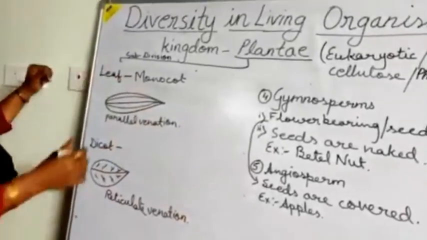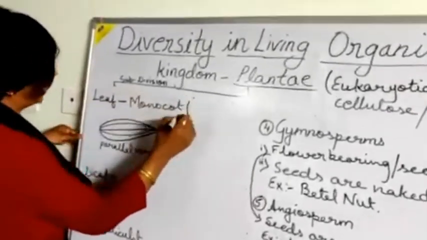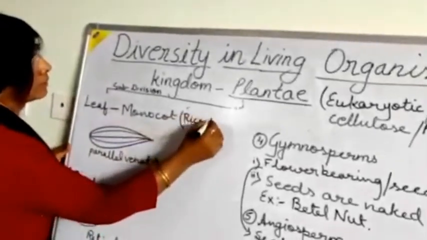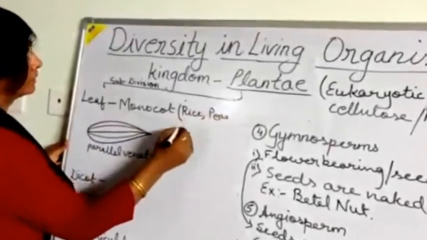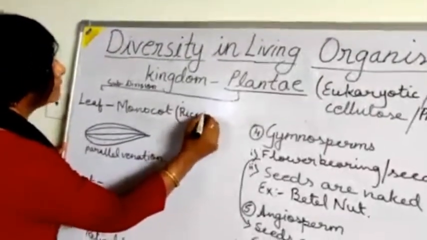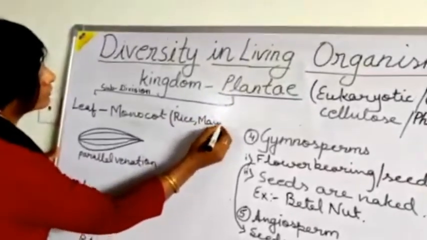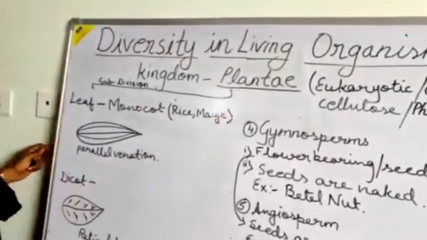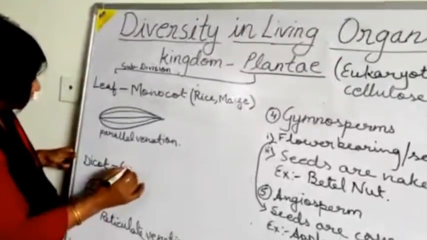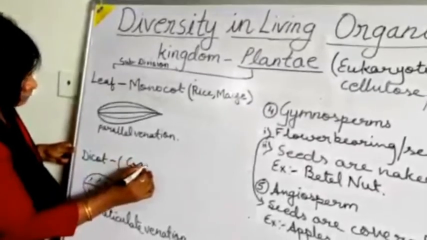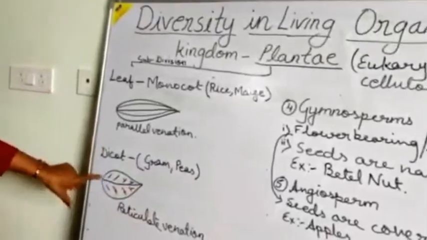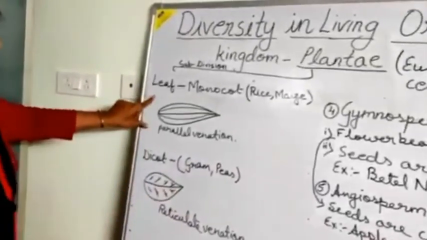Okay, so examples of monocot are rice and maize. These are the examples. And if you are going to take the dicot, we can write gram, which we call chana, then peas are there. Okay. Now these are the reticulate venation and the parallel venation.